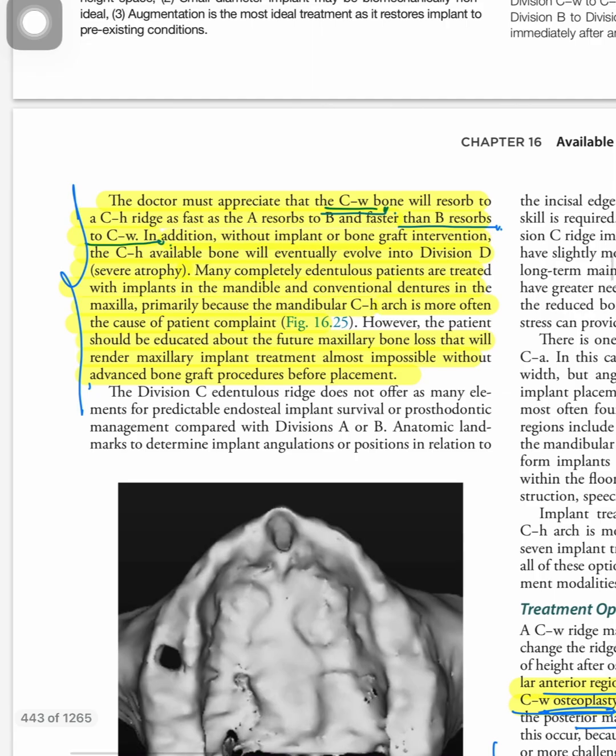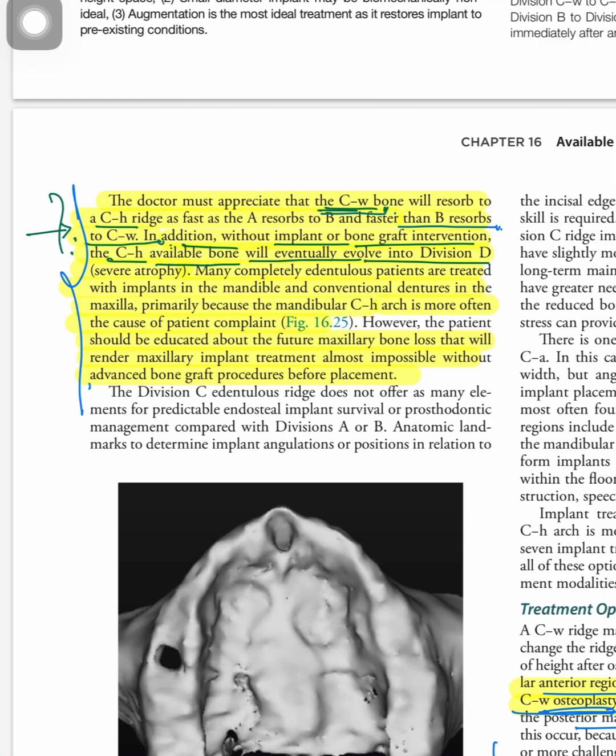Okay, so this is an important paragraph. The doctor must appreciate that the C minus W bone will resorb to C minus H ridge as fast as the A resorbs to B and faster than B resorbs to C minus W. In addition, without implant or bone graft intervention, C minus H available bone will eventually evolve into division D. So this is important when you are consulting your patient.